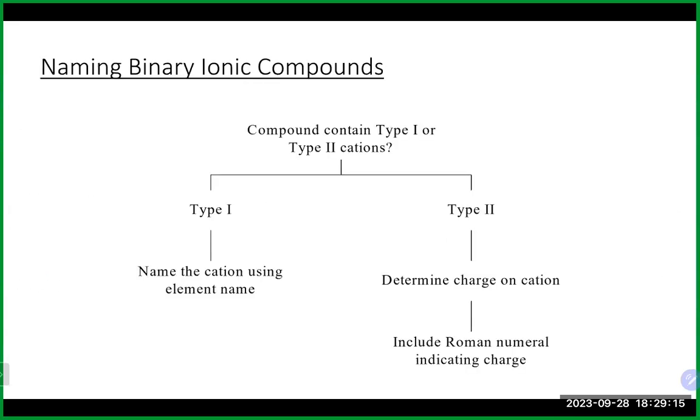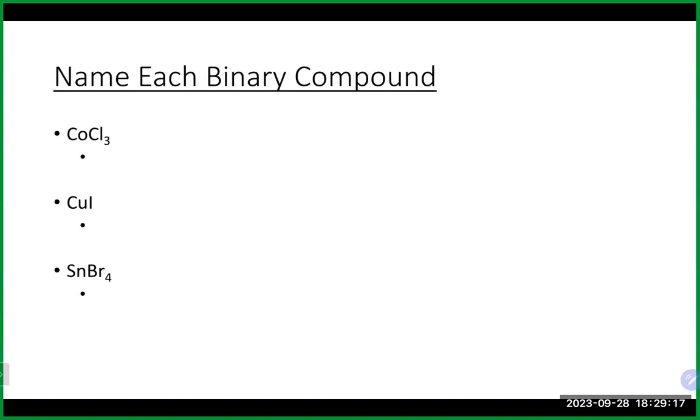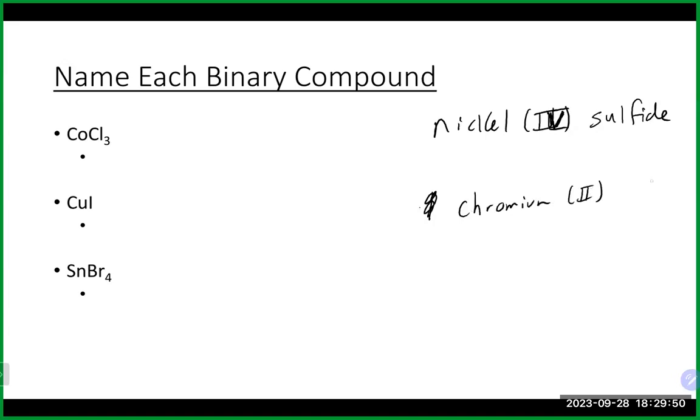All right. So why don't you give these guys names here, and then why don't you also write the formulas for, let's go with nickel 4 sulfide. Let's do chromium 2 oxide.